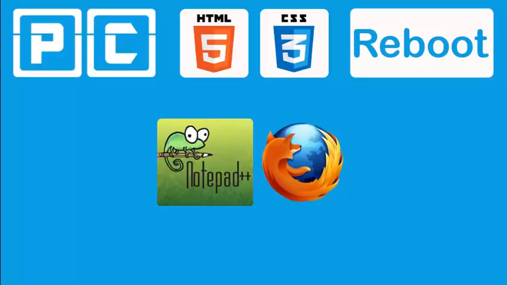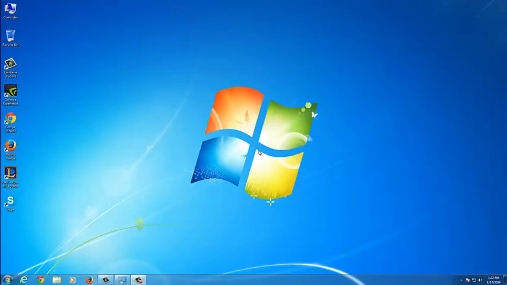And then the second thing that you guys need is a good browser. Now I use Firefox, but if you guys want to use Chrome, that's up to you. They both work equally as well. Okay, but just make sure you're not using something like Internet Explorer or some older browser. Okay, so let's take a look at installing Notepad++.